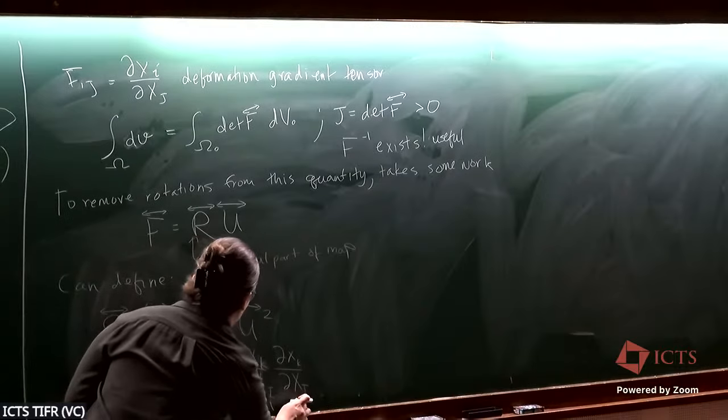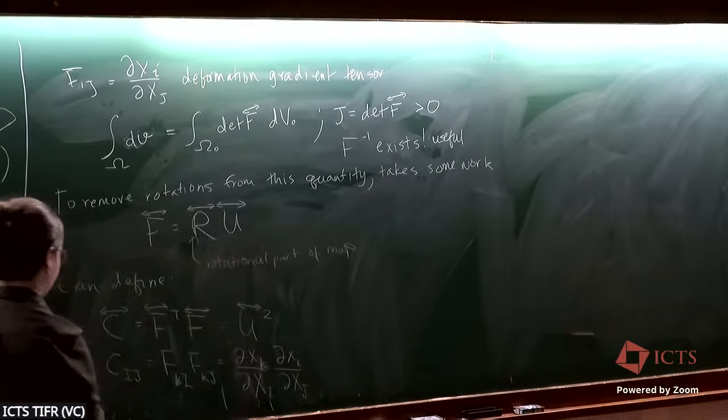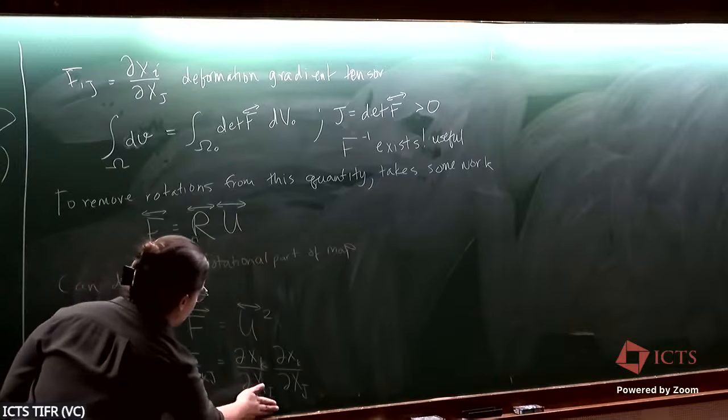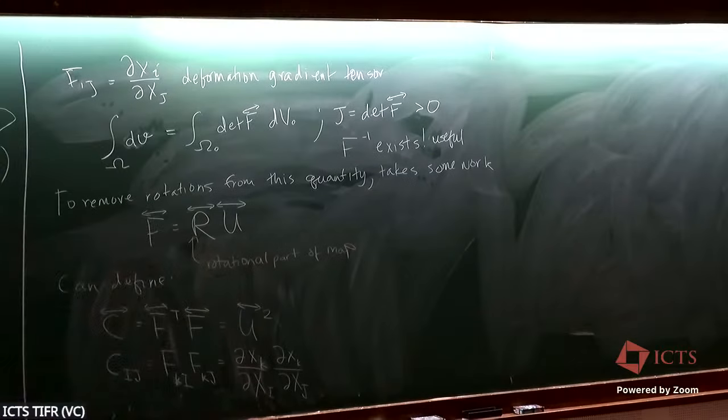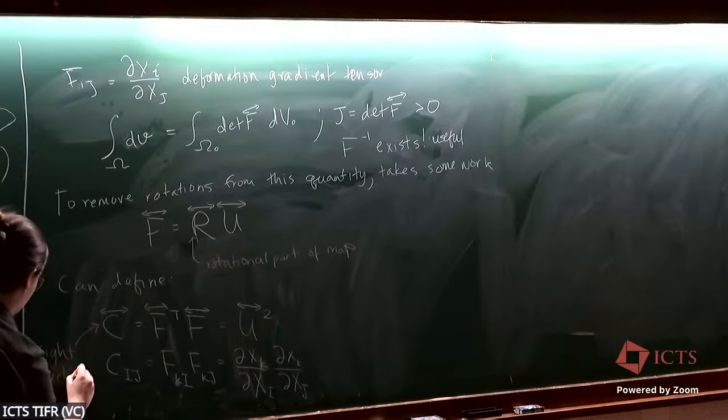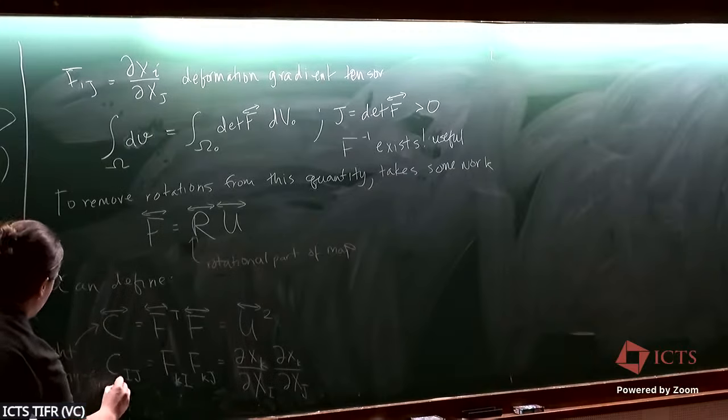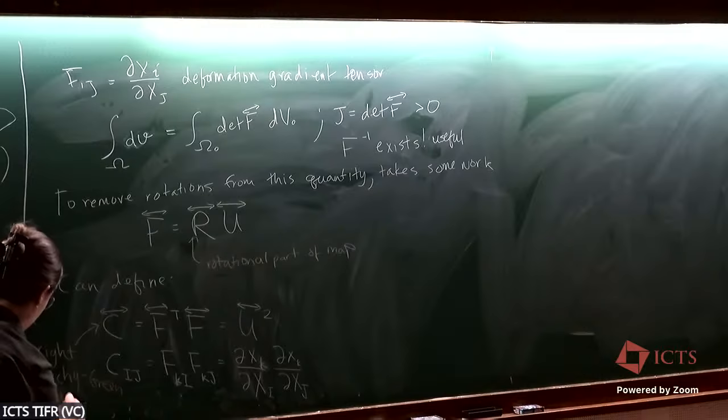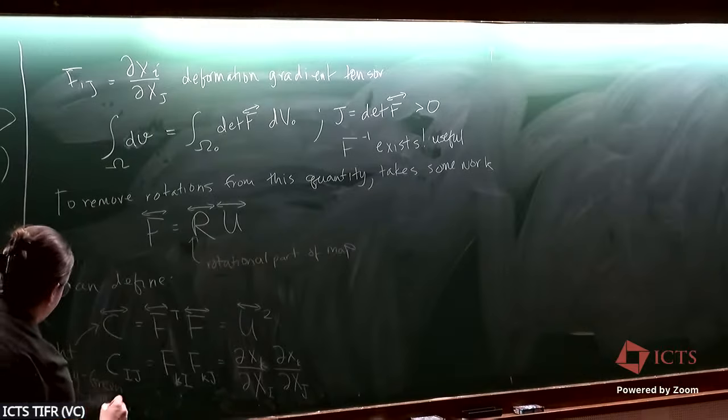This is what this quantity C is in index notation. And I'm going to give this a name now. C is the right Cauchy-Green stretch tensor.